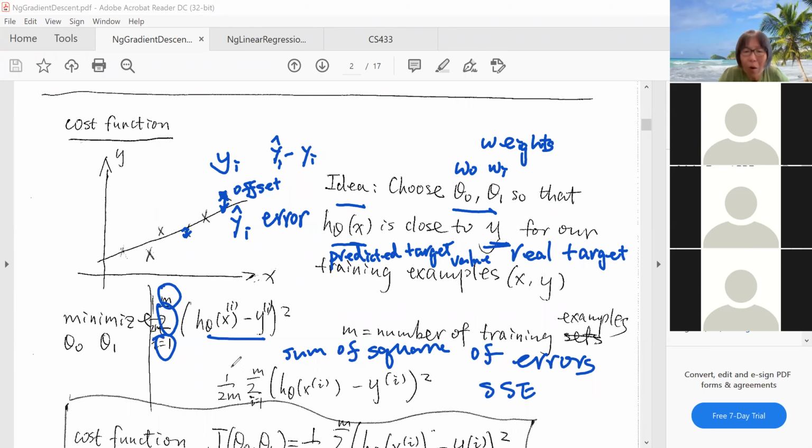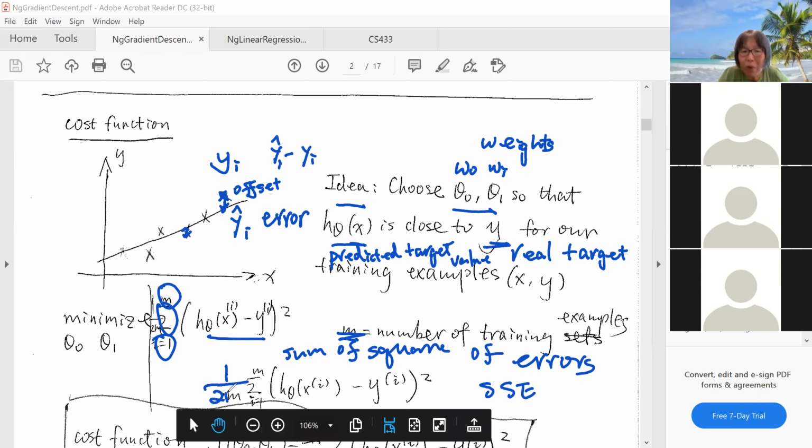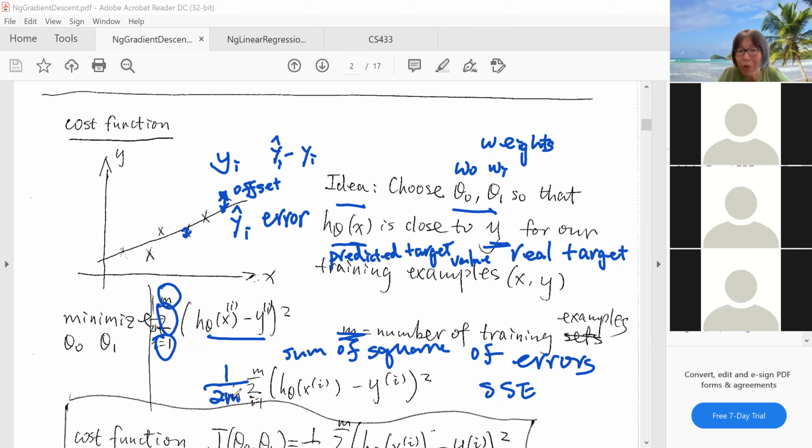And because it involves a certain number of training examples, we also want to divide it by double the size of the training examples.